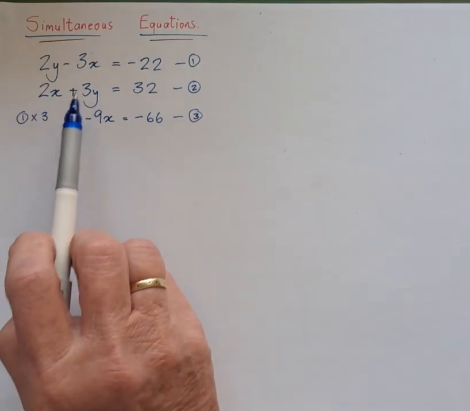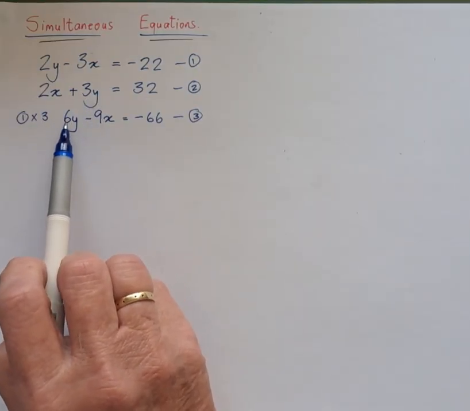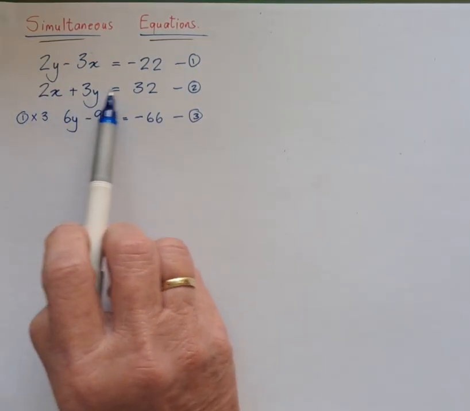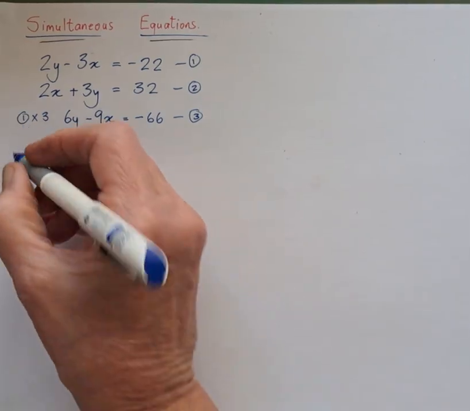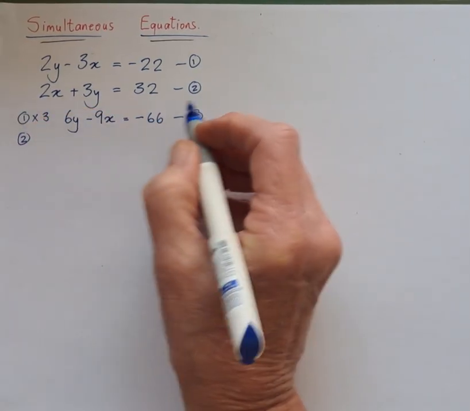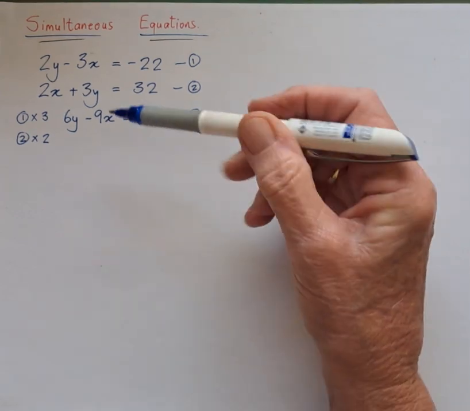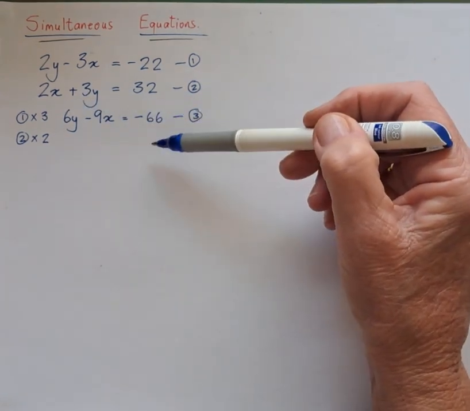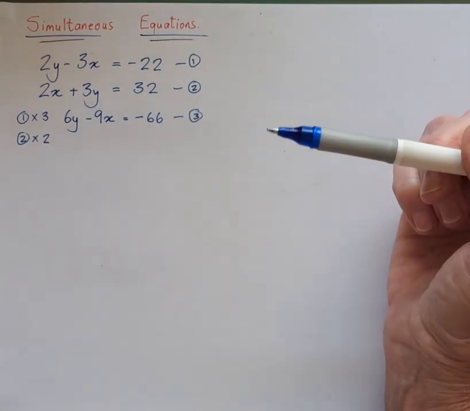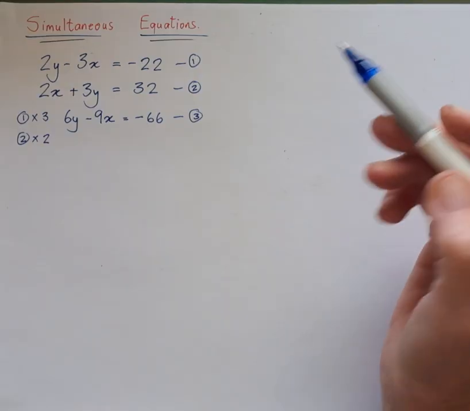So to get this y value to be the same as that y value, I need to multiply this equation by 2. So I'm taking equation 2 and I'm multiplying it by 2. And at the same time, I'm also going to get my y's and my x's and my constants underneath each other because it's much easier to process after that.